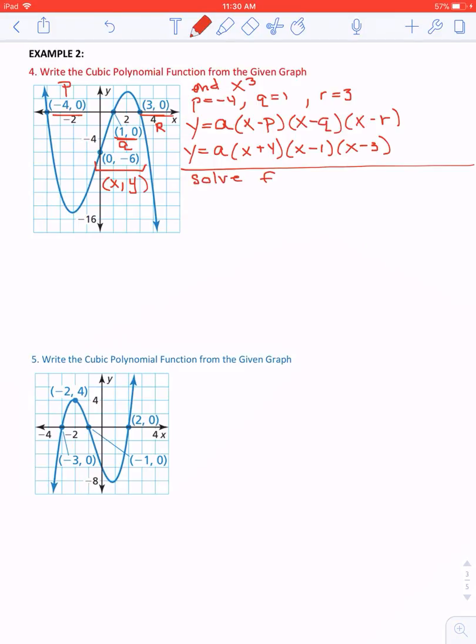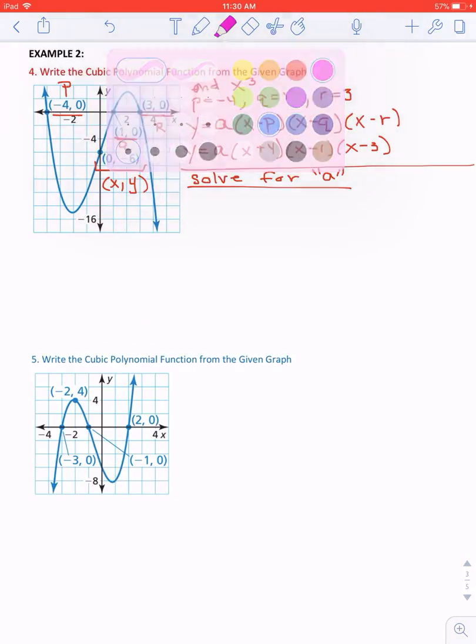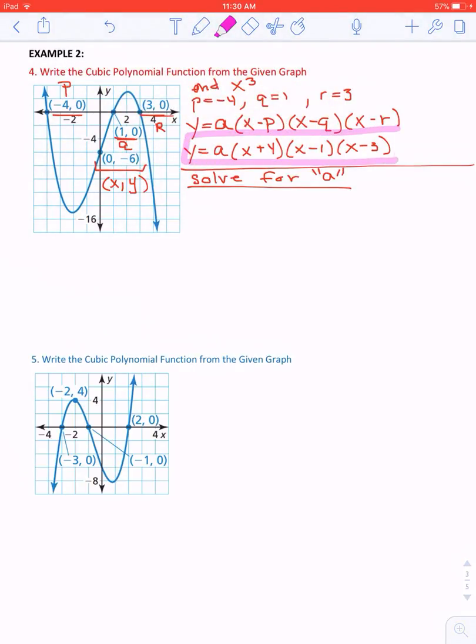So solve for that A value. You solve for that A value using what we've already created here, substituting in this known X and Y value, solving for A. So Y is -6, X is 0. So I'm going to do -6 equals A times 0 plus 4 times 0 minus 1 times 0 minus 3.